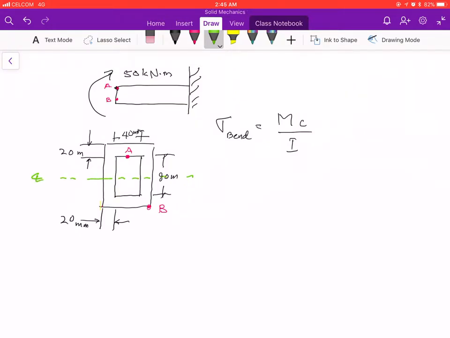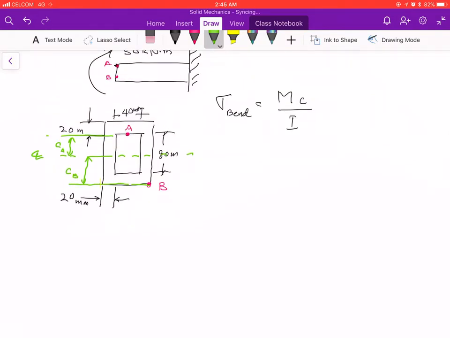This is the distance C for A, and this is the distance C for B. So that's pretty much C, okay?